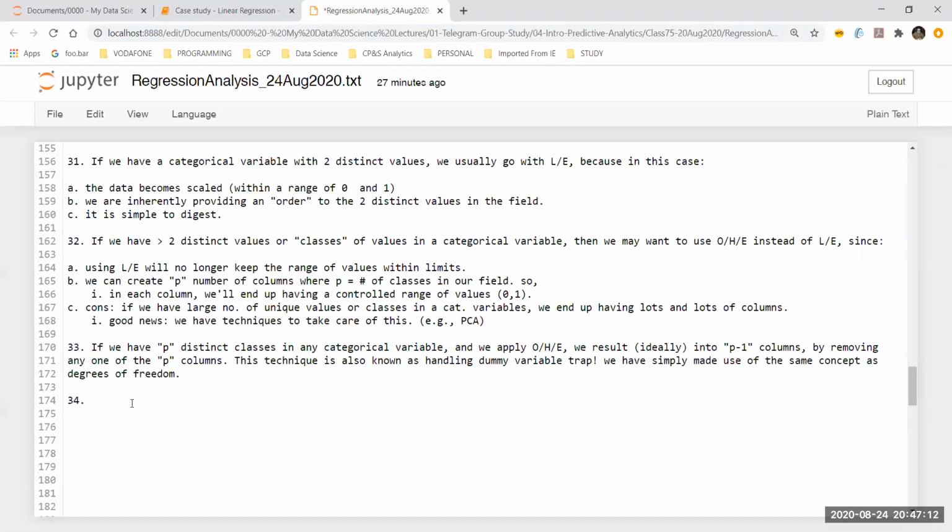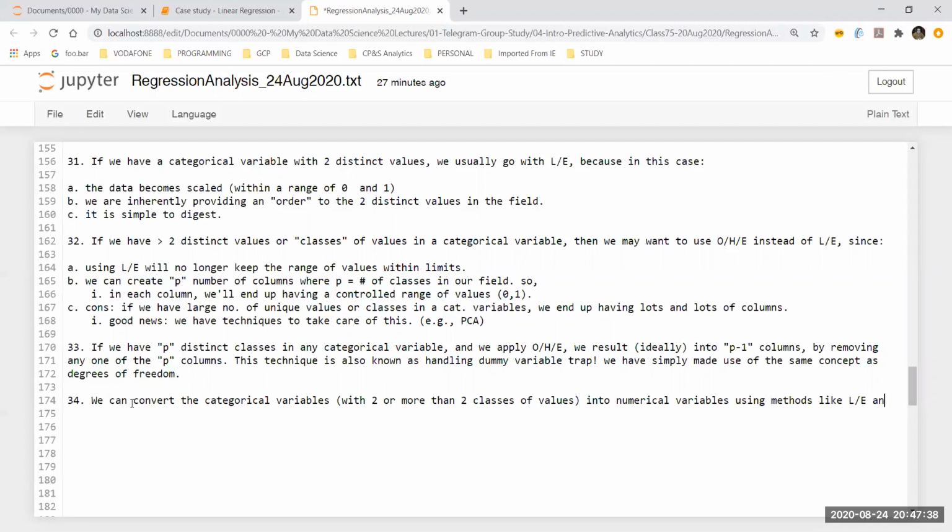We have seen in the last class that we can convert categorical variables with two or more classes of values into numerical variables using methods like label encoding and one hot encoding, but it is not necessary that such variables will always add value to our regression analysis.